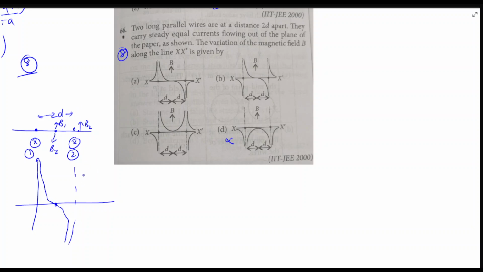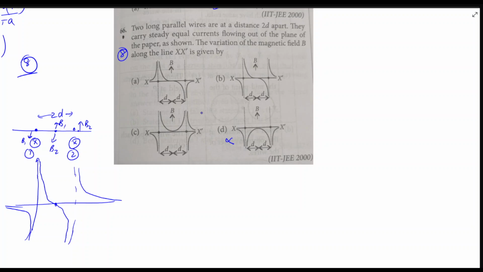So it should be like this, and as soon as you go, it should be 0, right? And just here, just to the left of one, the magnetic field will be in downward direction, and it will again go to infinity. So it should be like this, right? As you go to infinity, the magnetic field due to wire will approach 0. So which option is correct? So option B is correct, right?